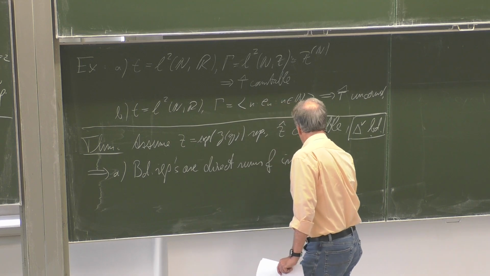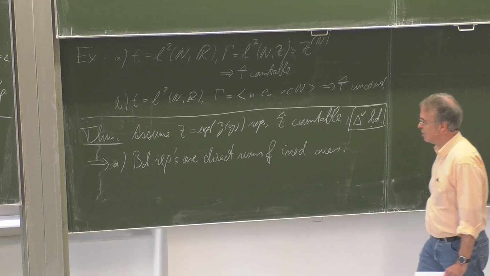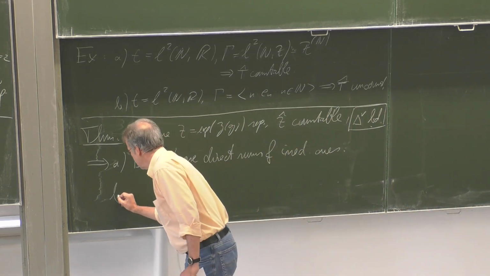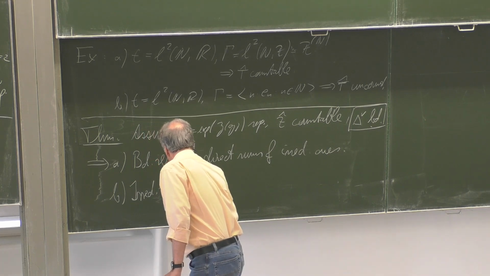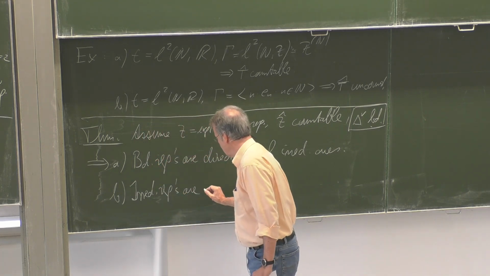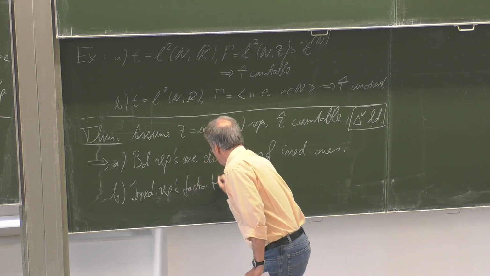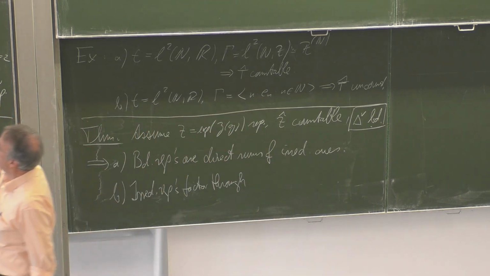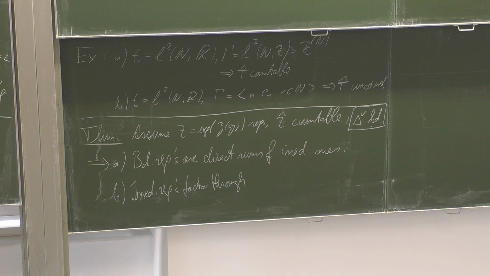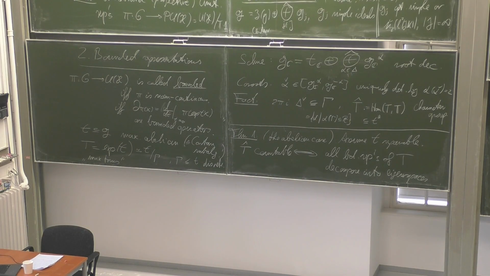And of course, then you ask how the irreducibles look like. Irreducible representations, well, they factor through finitely many summands in this decomposition. So they come from finitely many simple ideals, quotients.